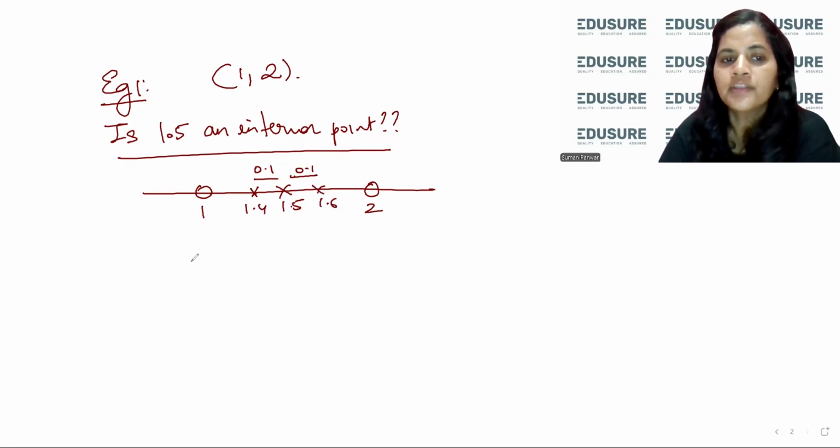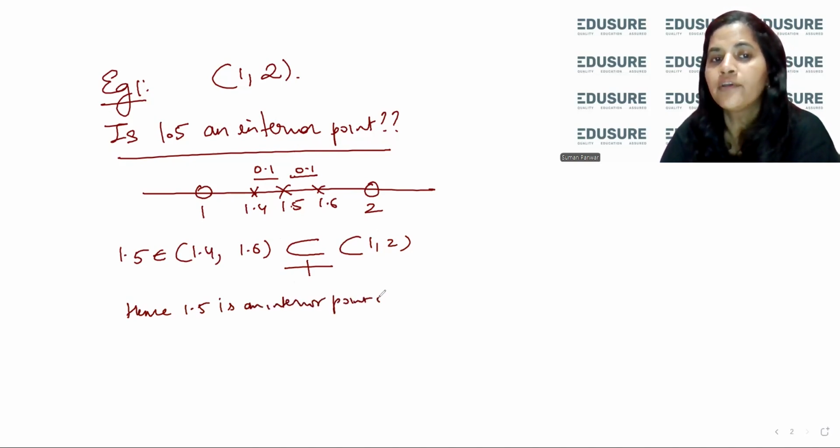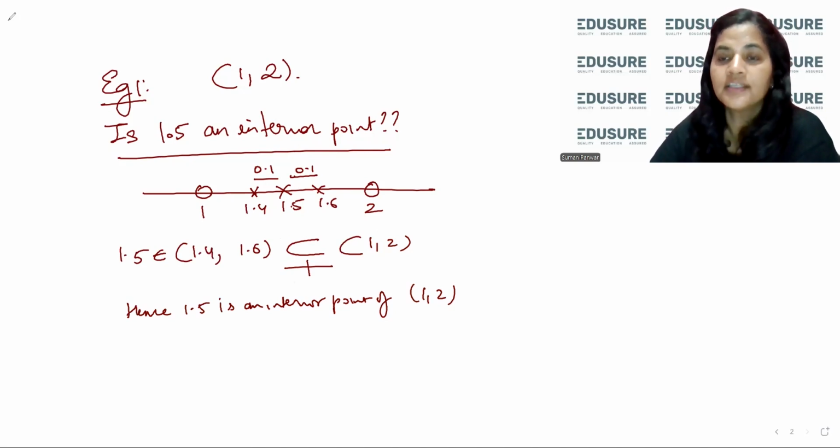So this particular open interval (1.4, 1.6) is a neighborhood of 1.5, and this is strictly contained inside the interval (1, 2), and hence 1.5 is an interior point of (1, 2). So any element of an open interval inside the set except for the boundary points will be an interior point. That is a guarantee. Okay.